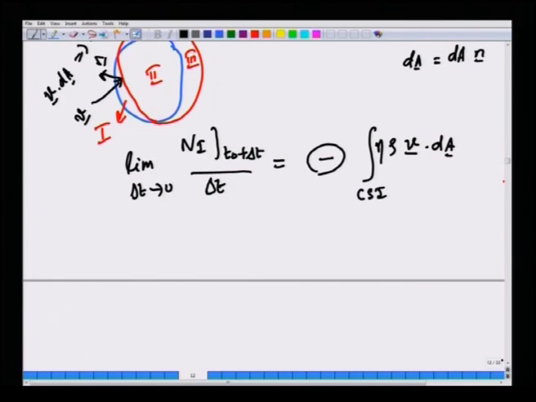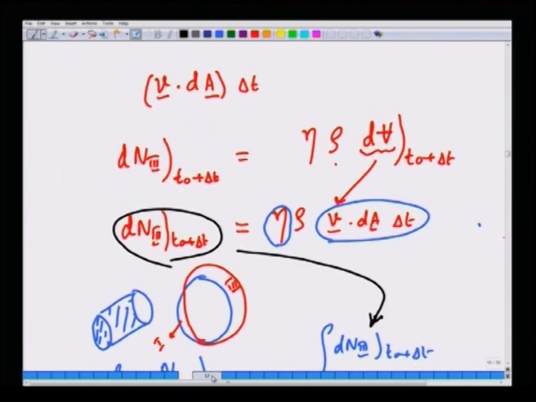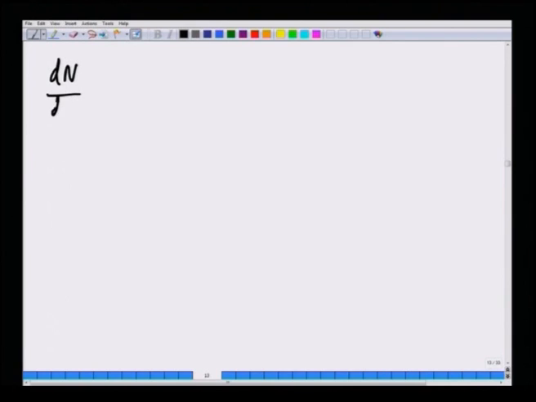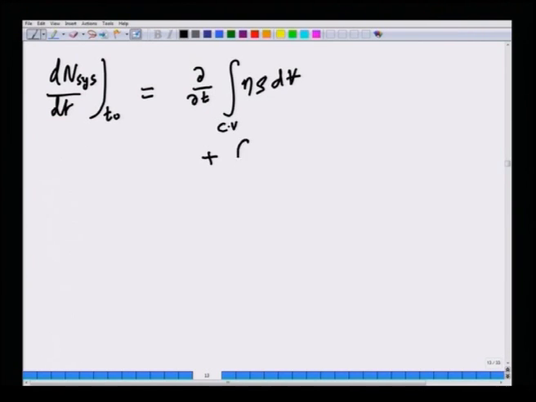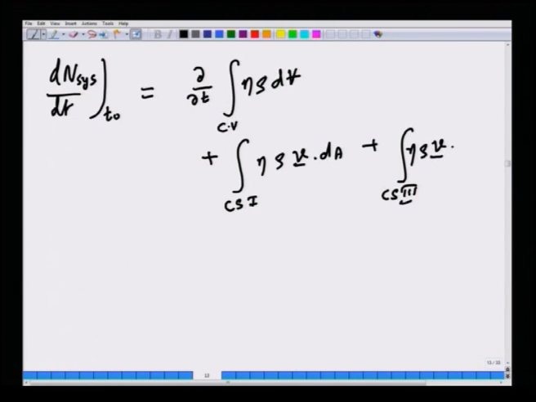So, if we add all the terms that we have, then dN/dt of the system at a given time t0 is equal to d/dt over the CV of eta rho dV, plus the integral over CS1, where the two negative signs add to give a positive sign, of eta rho v dot dA, plus the integral over CS3 of eta rho v dot dA.